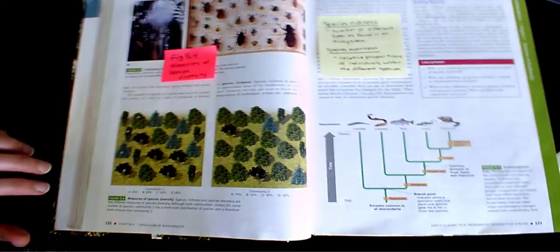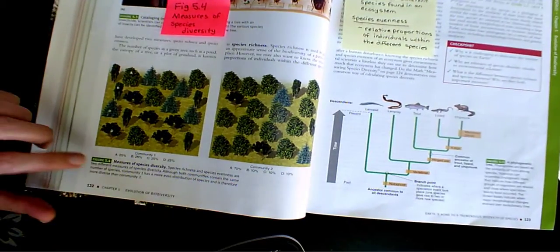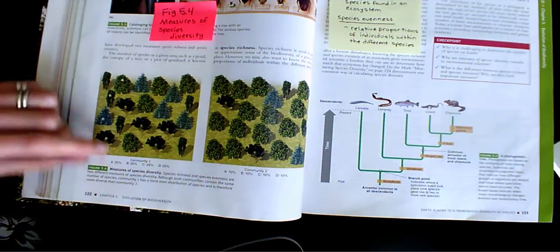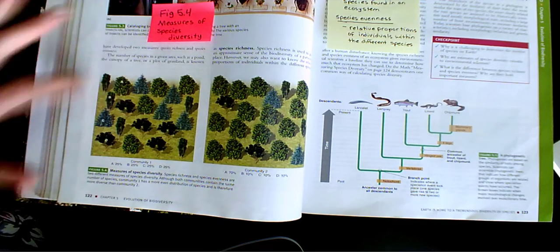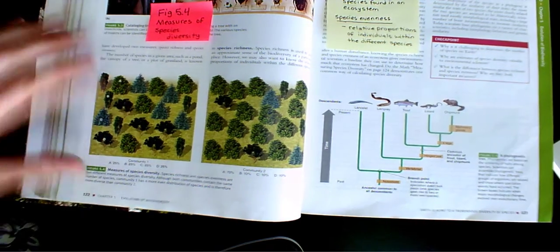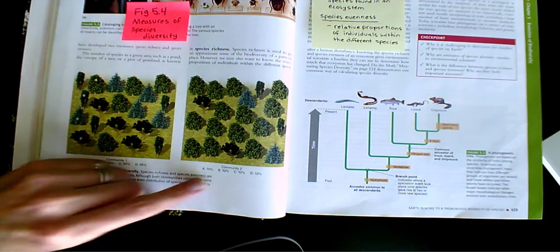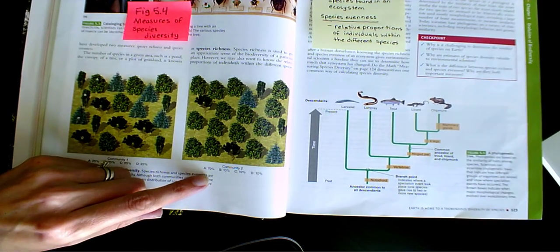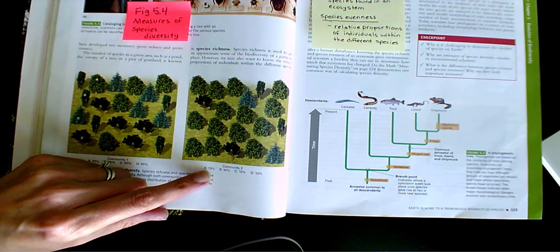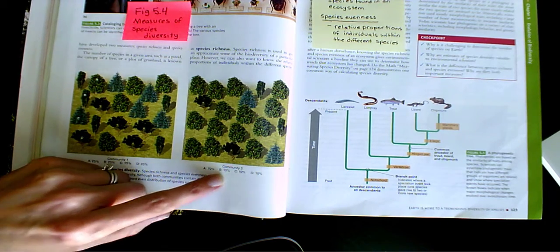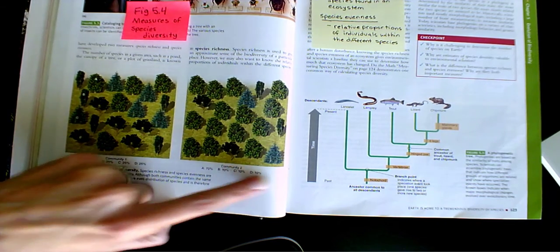Community 1 has 25% representation from 4 different species. Now community 2 also has 4 different species, but 70% of them are actually species A, 10% B, and 10% for the rest of them.